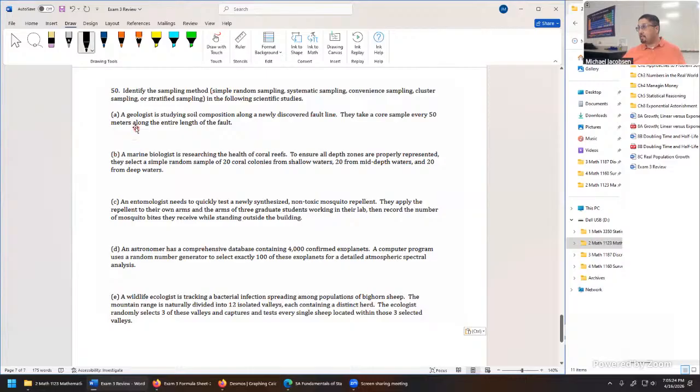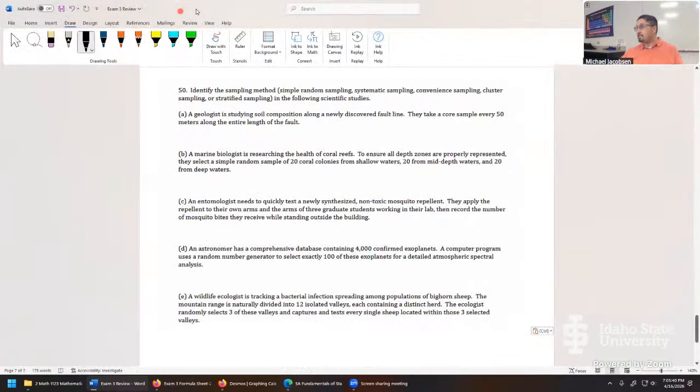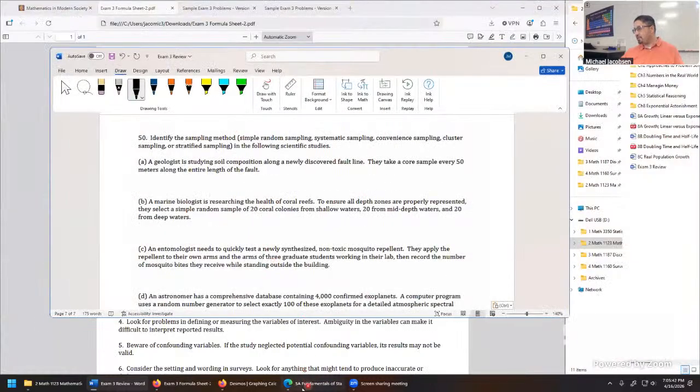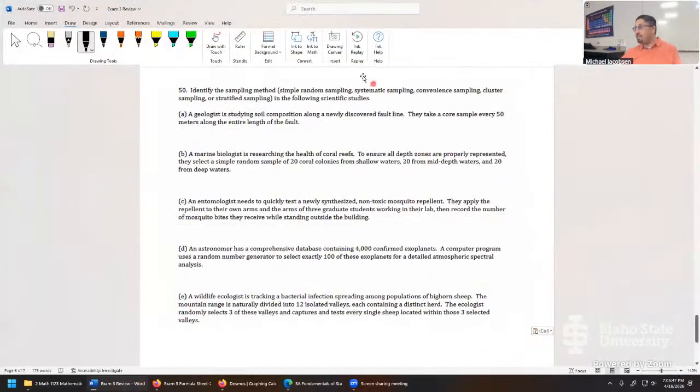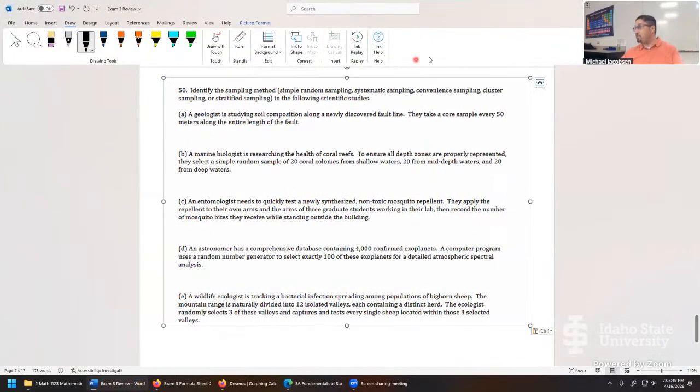Part A says, a geologist is studying the soil composition along a newly discovered fault line. They take core samples every 50 meters along the entire length of the fault. So when we read that, any volunteers for what kind of sample this one feels like?